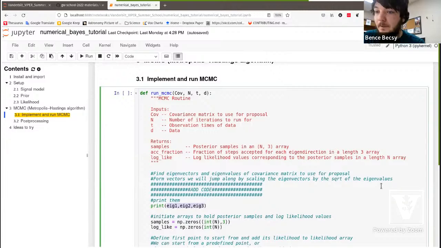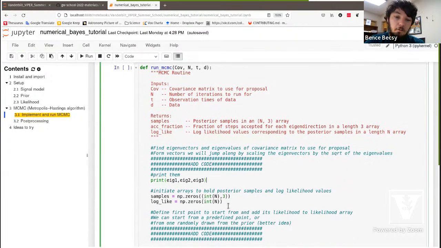You can show that those are good. If your covariance matrix is the true covariance matrix of your problem, then those will be really good proposal vectors to jump along.